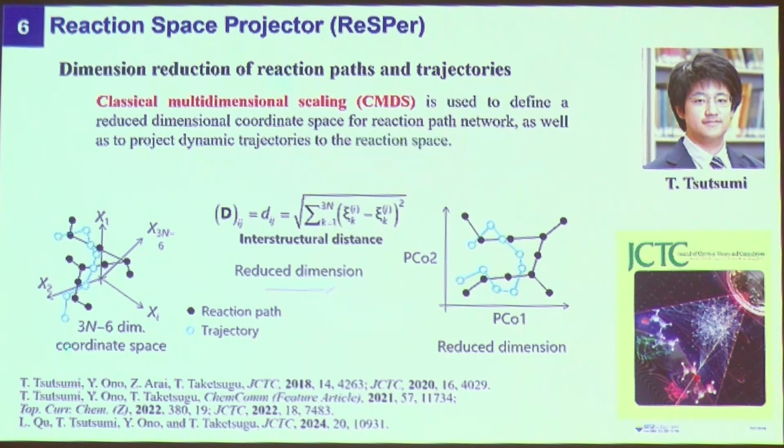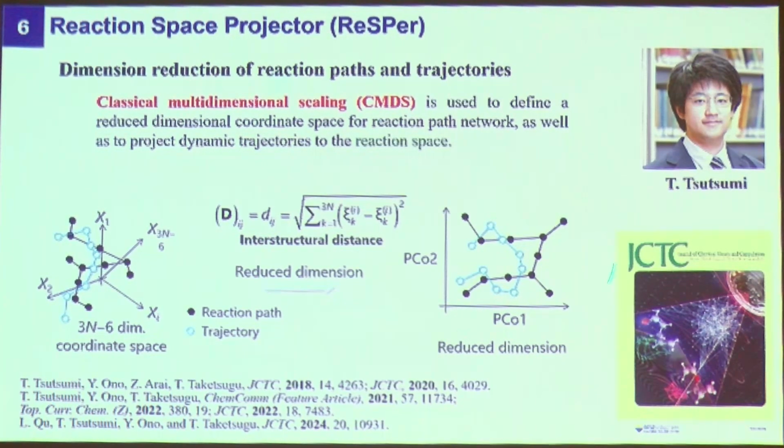By reducing the dimension using this CMDS approach, we pick up the important coordinates, principal coordinates. In this case, we choose the two most important coordinates. Then reaction path network and trajectory can be mapped on this same figure.